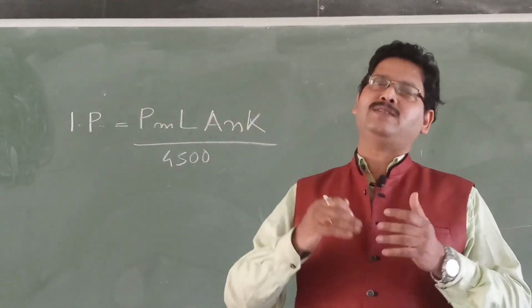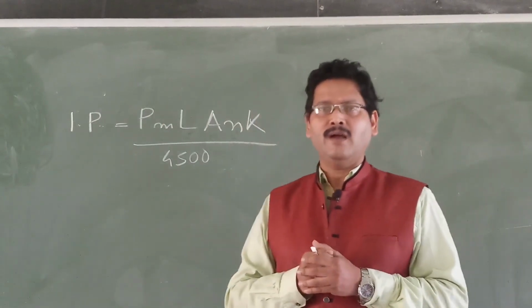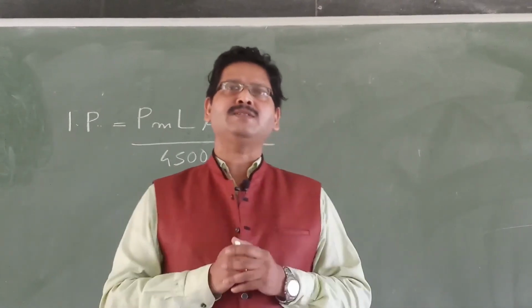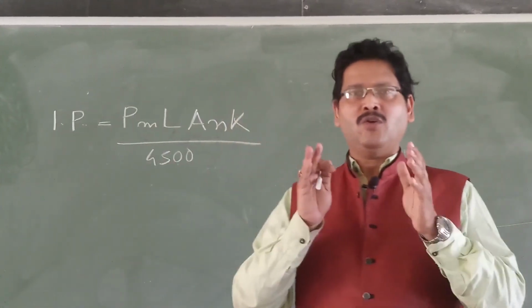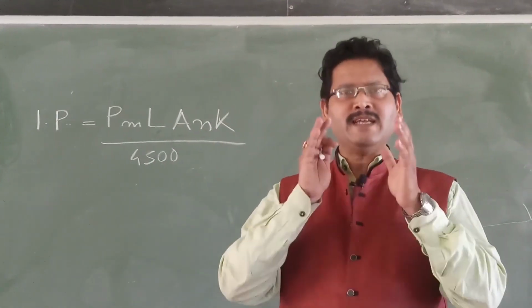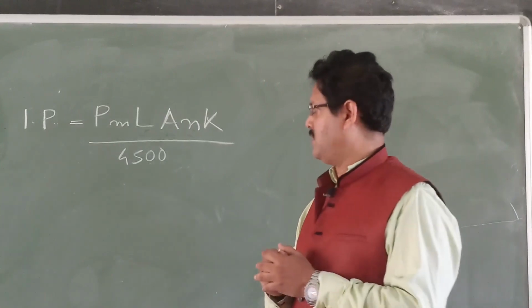It supplies the air to the system at a pressure higher than the atmospheric pressure, and for that it takes the help of a compressor, which is called your supercharger.